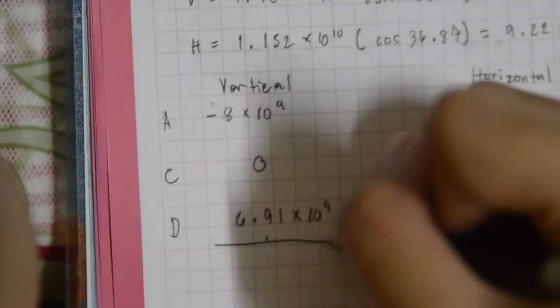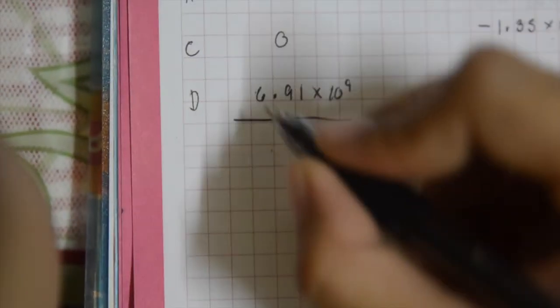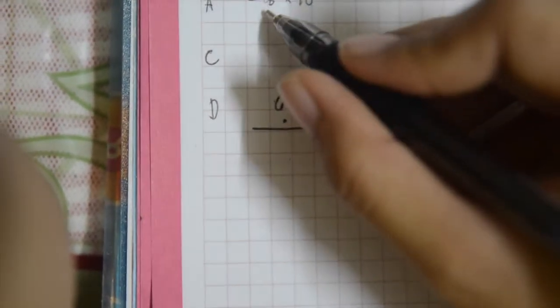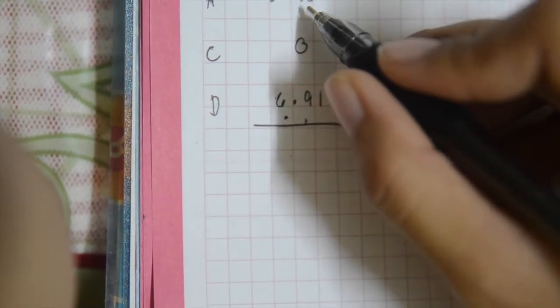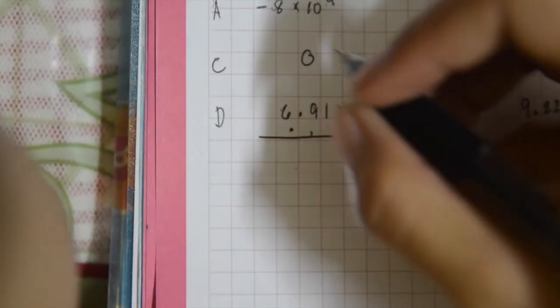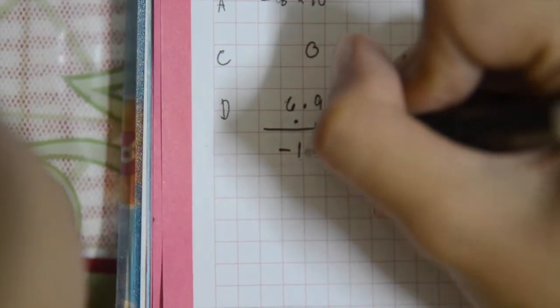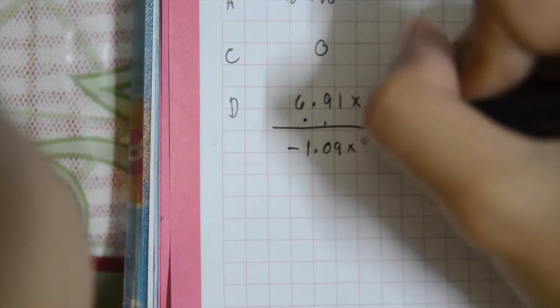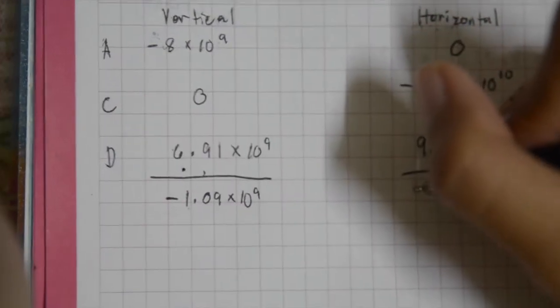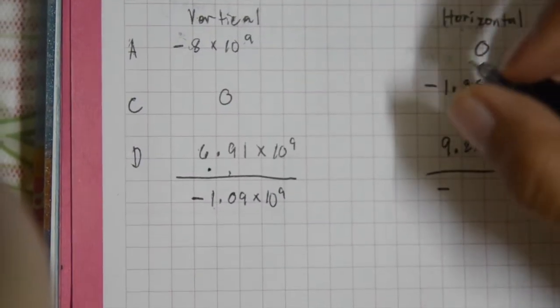So then we will just combine all these forces. For vertical, that's 6.91 times 10 to the 9th minus 8 times 10 to the 9th. So we will get the value of negative 1.09 times 10 to the 9th. Then for the horizontal, we just combine these values.